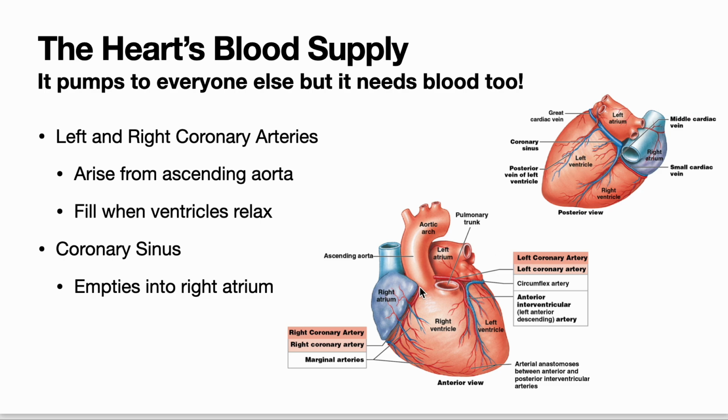Important to note that since these arteries are the main source of blood for the heart muscle cells, a blockage in one of these coronary arteries would cut off the blood supply to the entire region they supply. And that could definitely lead to a loss of function in the heart or a heart attack.